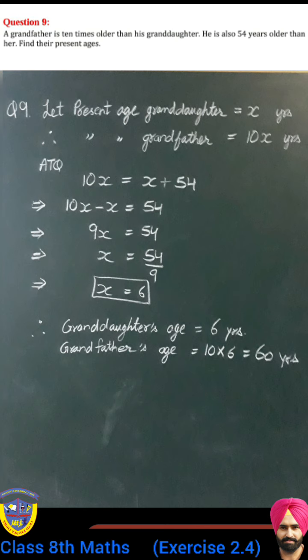Grandfather is 54 older than granddaughter. Older, that's why we will use plus sign here. So transpose x to the left hand side, you will get 10x minus x is equal to 54. After solving you will get x value is equal to 6. Put that value here. You will get age of granddaughter is equal to 6 years and grandfather age is equal to 60 years.